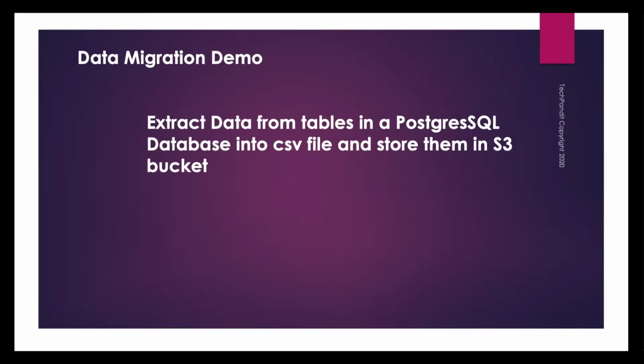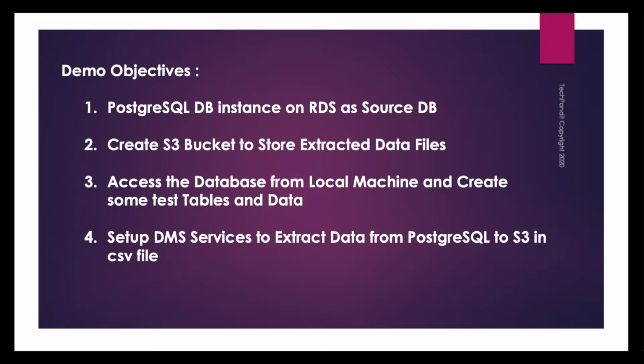What we're going to do in this demo, we're going to extract data from a PostgreSQL database into comma separated files and store them into S3 bucket. So our source is a PostgreSQL database and target is files in S3 bucket. So we're going to use the PostgreSQL database instance on RDS as a source database.